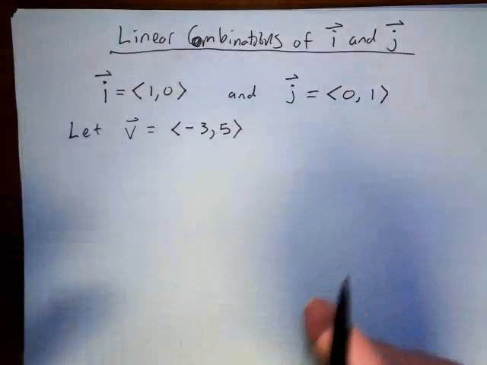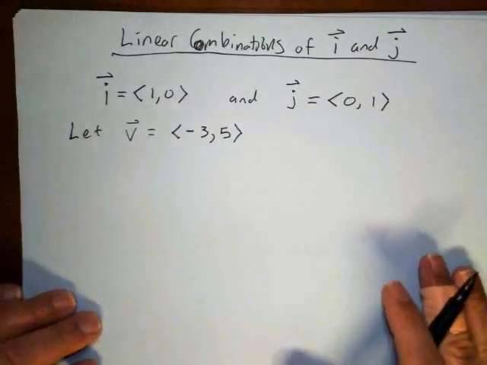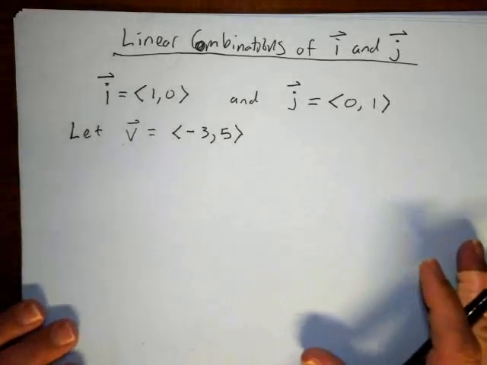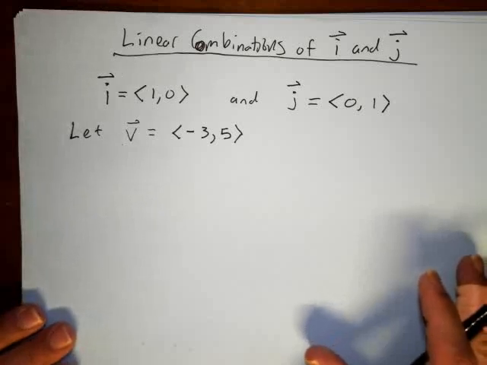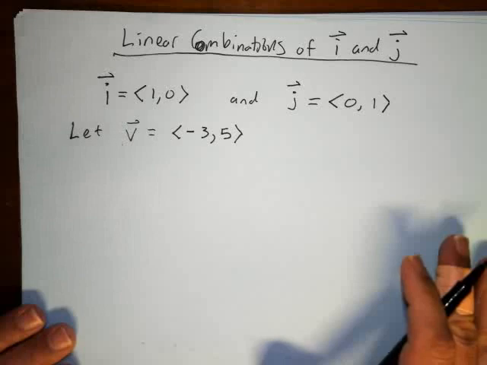Okay, in this video, we're not going to really learn anything new here. This is just a tool that mathematicians use, and they do teach us this in the section, and they give you some of the problems in terms of i and j.